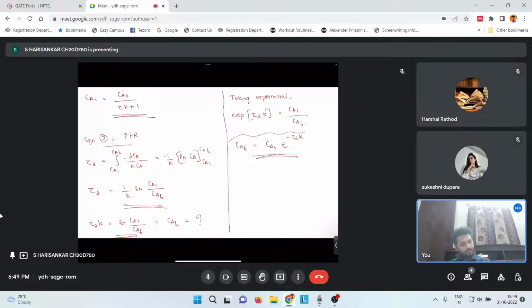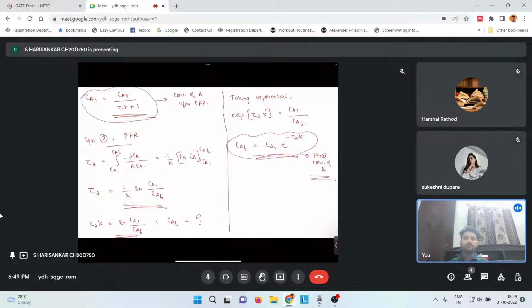So this will be CAF, and we also have the CA1. CA1 is the concentration of A after the CSTR, and this will be the final concentration of A. Okay, so this is the final concentration of A after the PFR. So we have the equation for CA1 here.